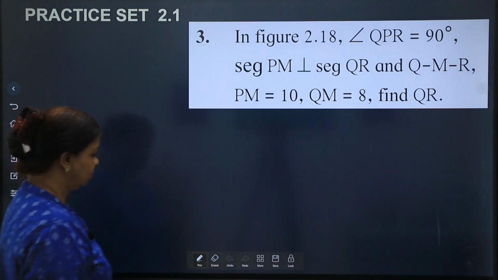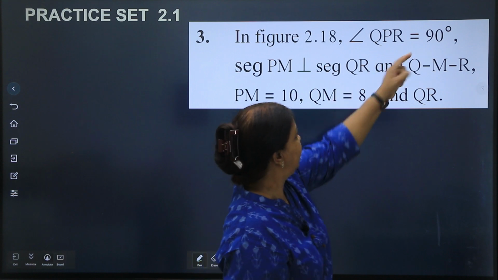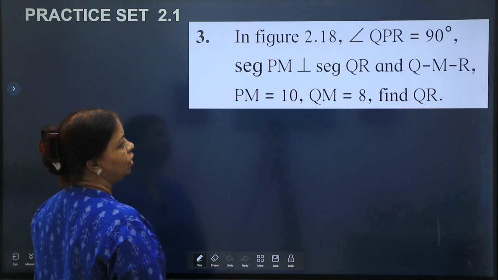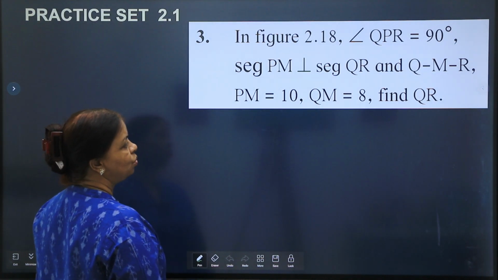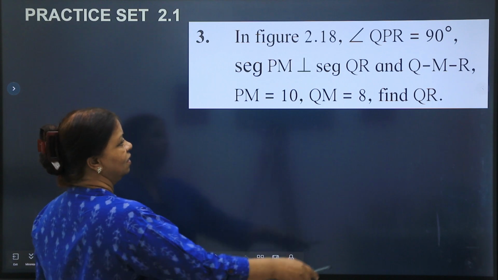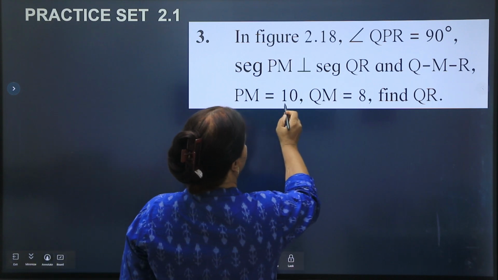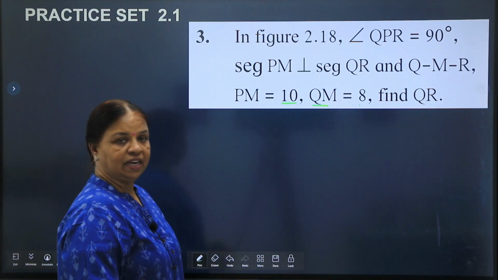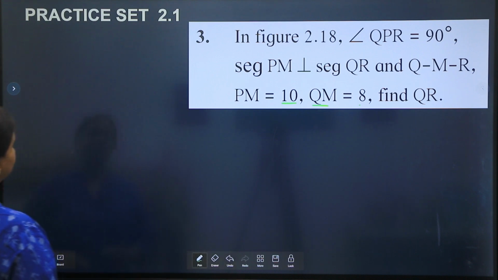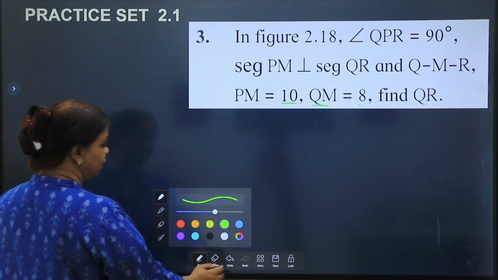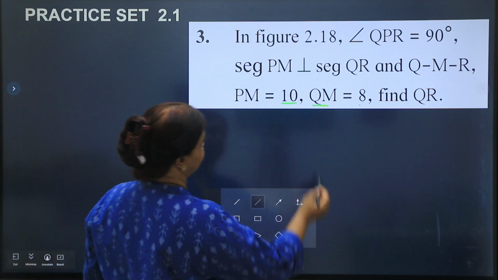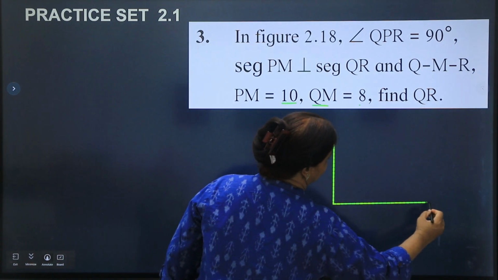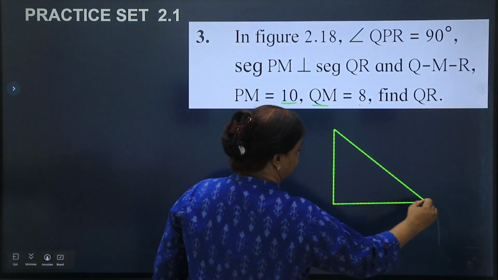Question 3. Again we have QPR 90 degree and PM is perpendicular to segment QR and QMR in one line. We have got PM as 10, QM as 8, and we have to find QR. Let's do this, children. Let me draw the triangle first. This is my triangle, which is of 90 degree.